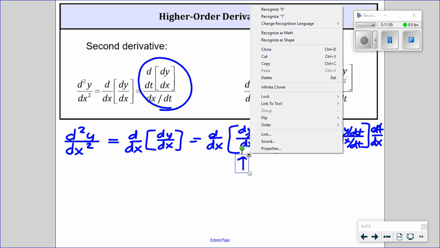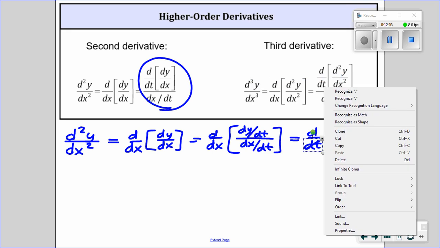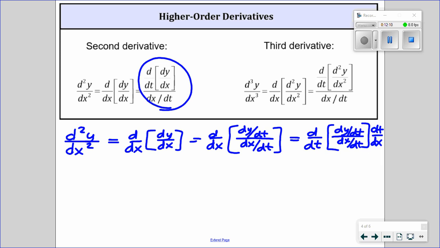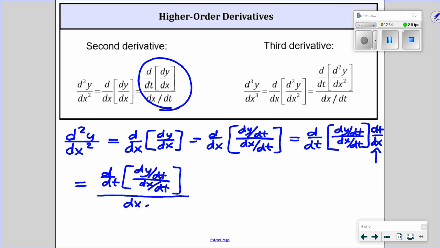Now instead of multiplying by dt over dx, we could just divide. So this becomes the derivative with respect to time of dy over dt divided by dx over dt, which remember equals dy over dx, all divided by dx over dt. If I took this and multiplied by the reciprocal of dx over dt, it would get me back here.